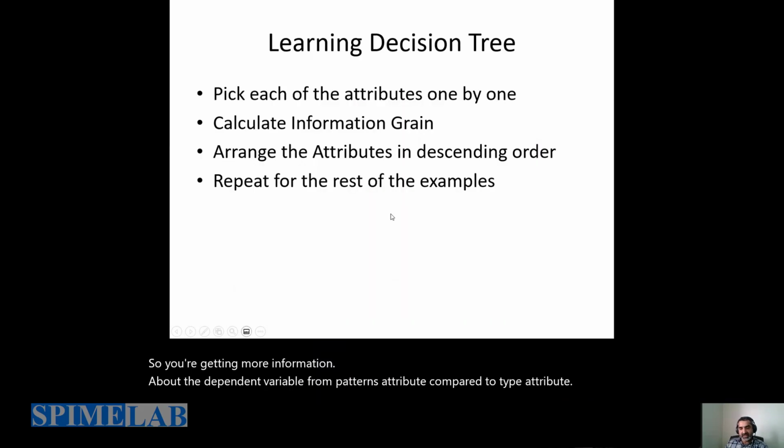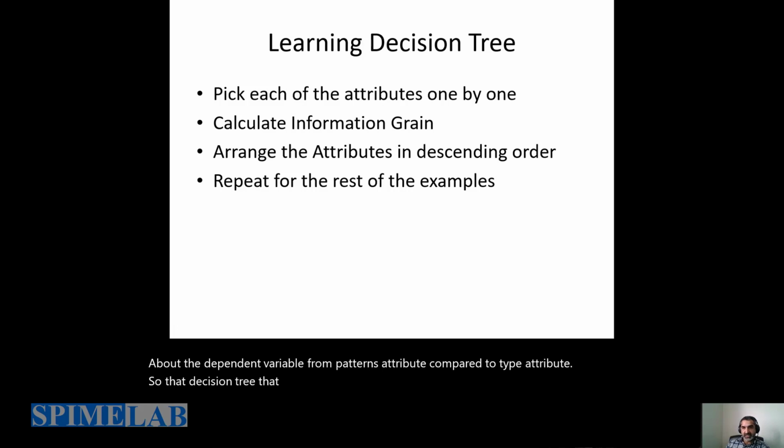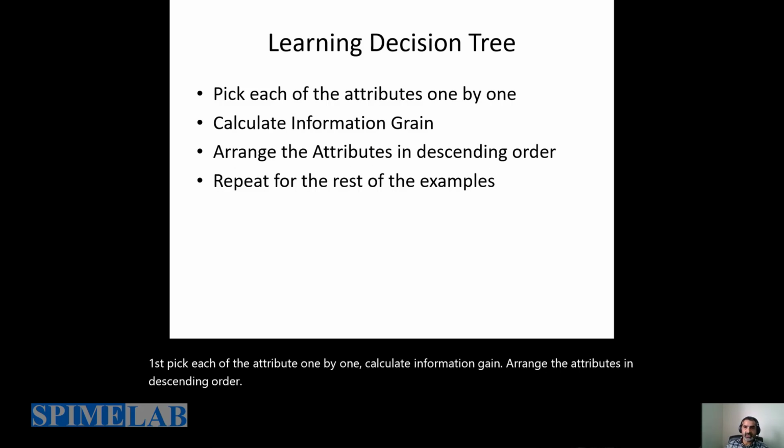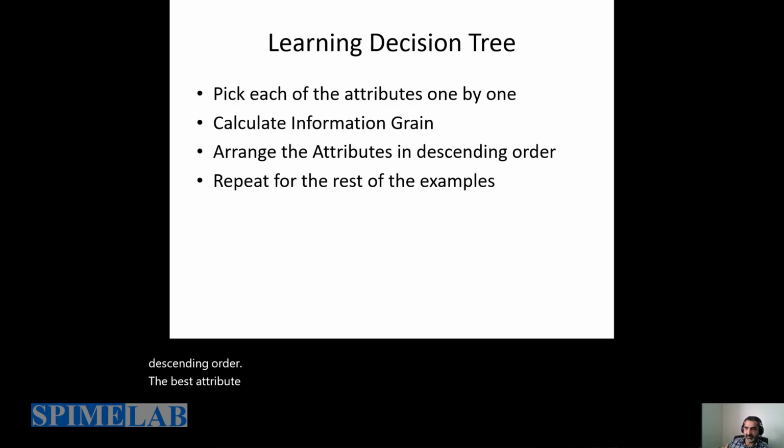So the decision tree that I showed, published in the textbook, was learned through an algorithm. I mentioned ID3, and ID3 has these 4 steps. First, pick each of the attributes one by one, calculate information gain, and arrange the attributes in descending order. The best attribute will give you some decisions, where you keep those examples decided.